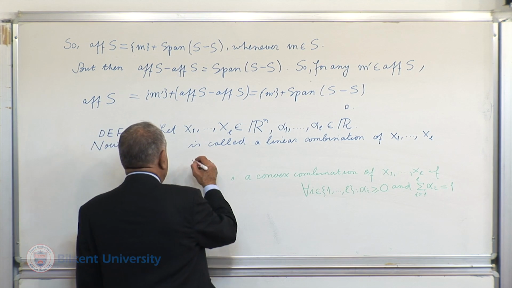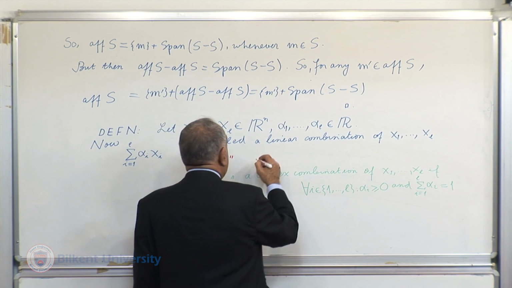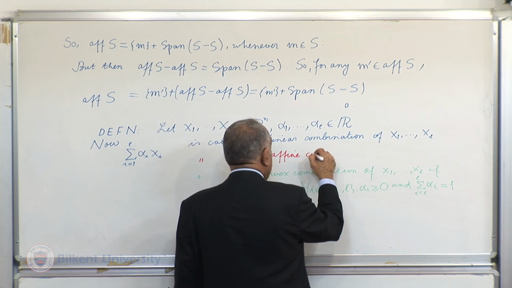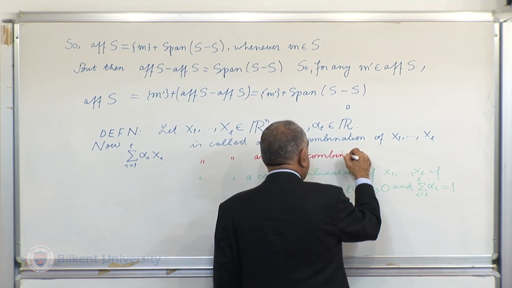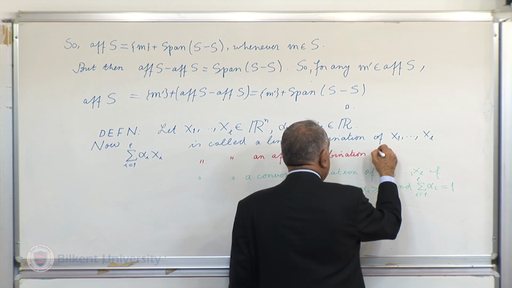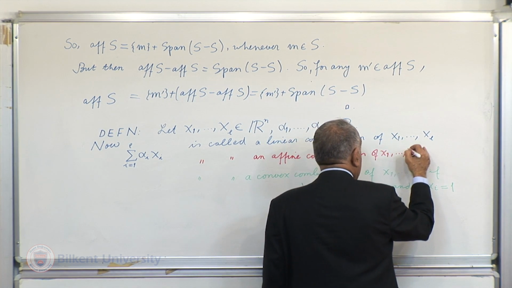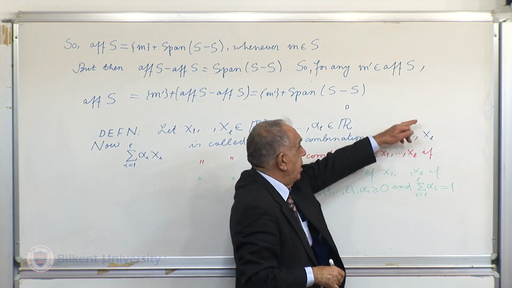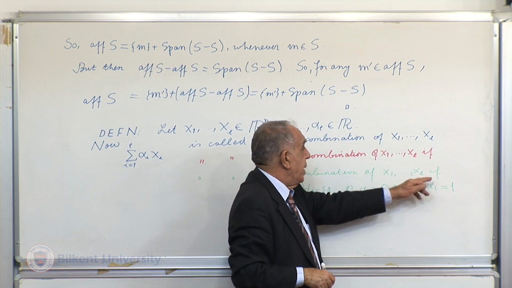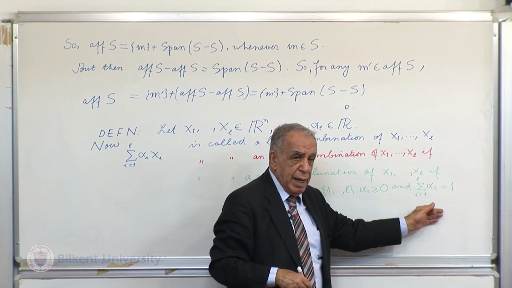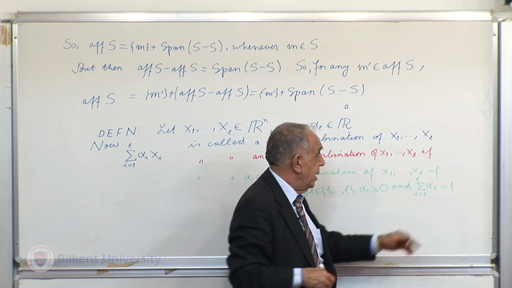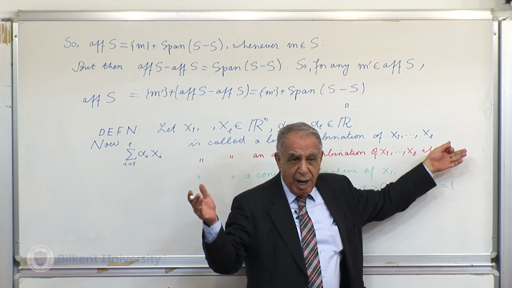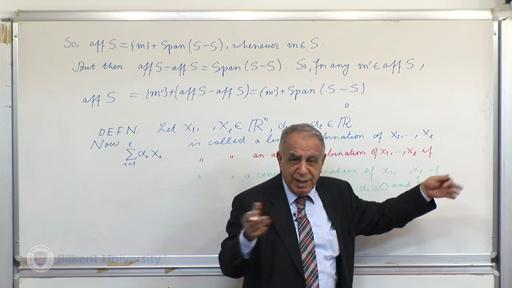Intermediately, this is called an affine combination of x1 to xl if here we have no additional condition. Here we have the non-negativity and the sum being equal to 1. Guess what we'll have here? Just the coefficients adding up to 1, not necessarily non-negative.